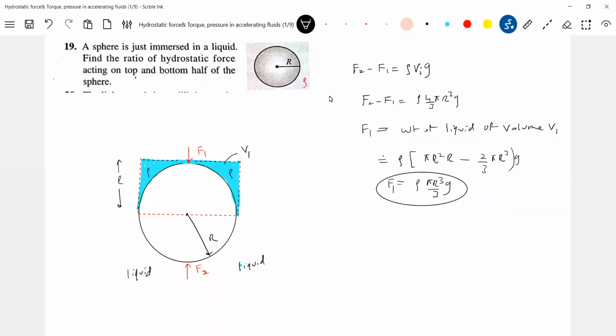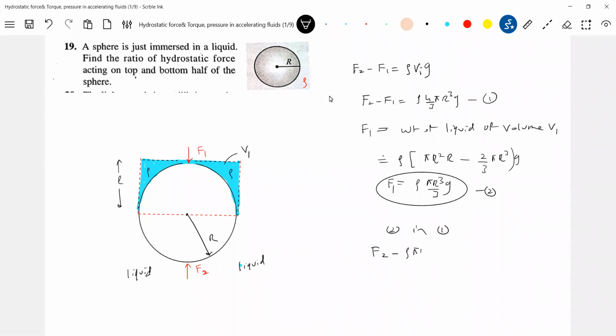Can I bring F2? I'll use this formula. So this is equation 1, this is equation 2. What is the force exerted by the liquid on the upper part of the body? That is equal to its weight. There I gave pressure into area, which is nothing but the weight of the liquid above the body. I'll substitute, put 2 in 1, and we get F2.